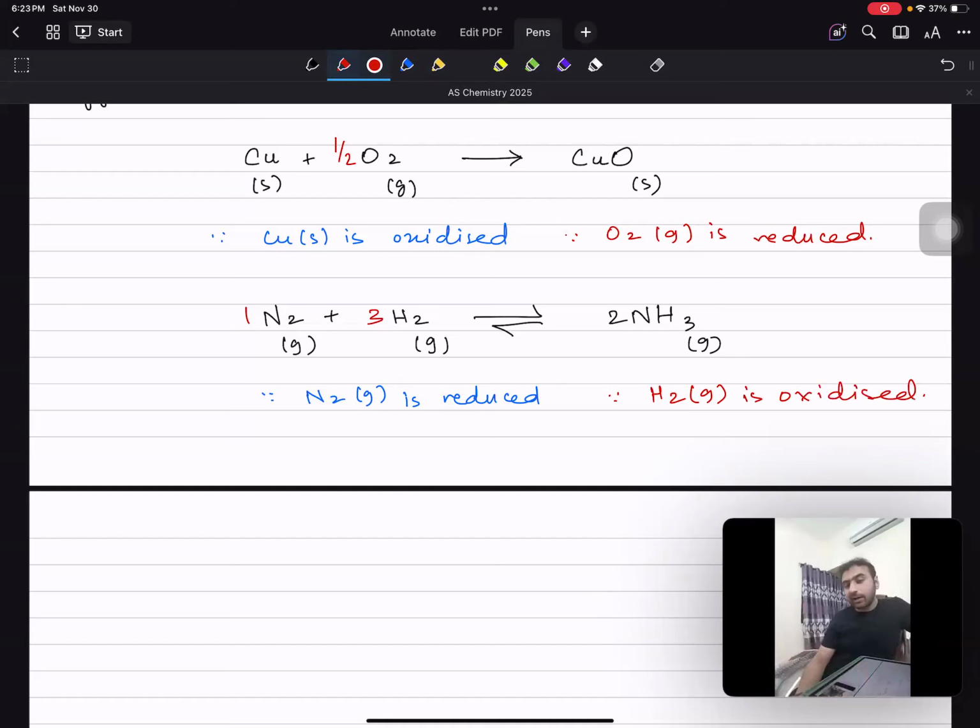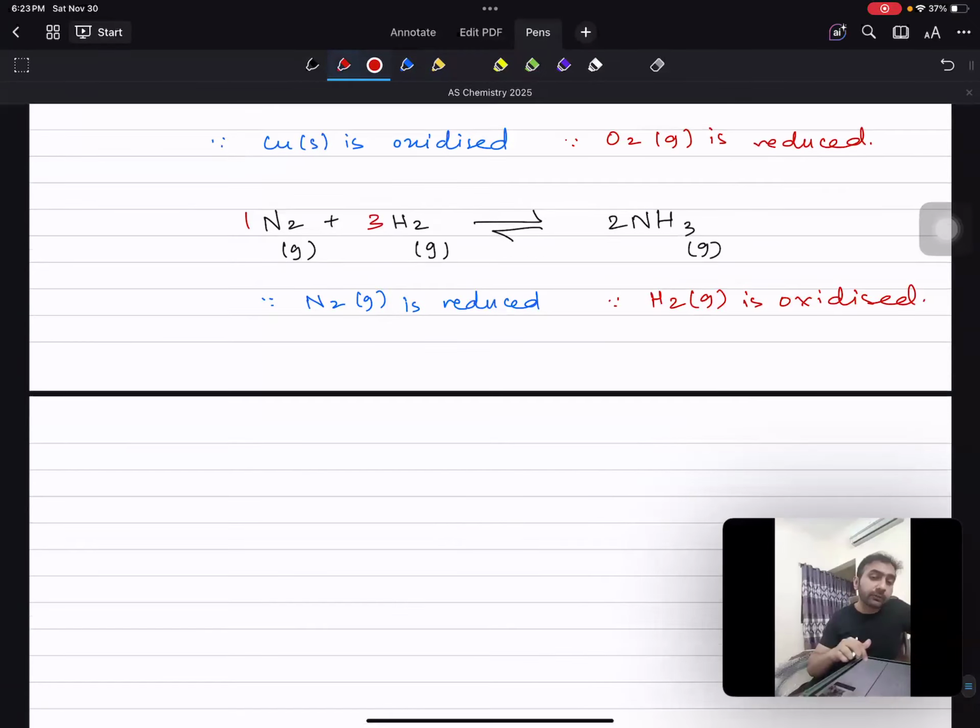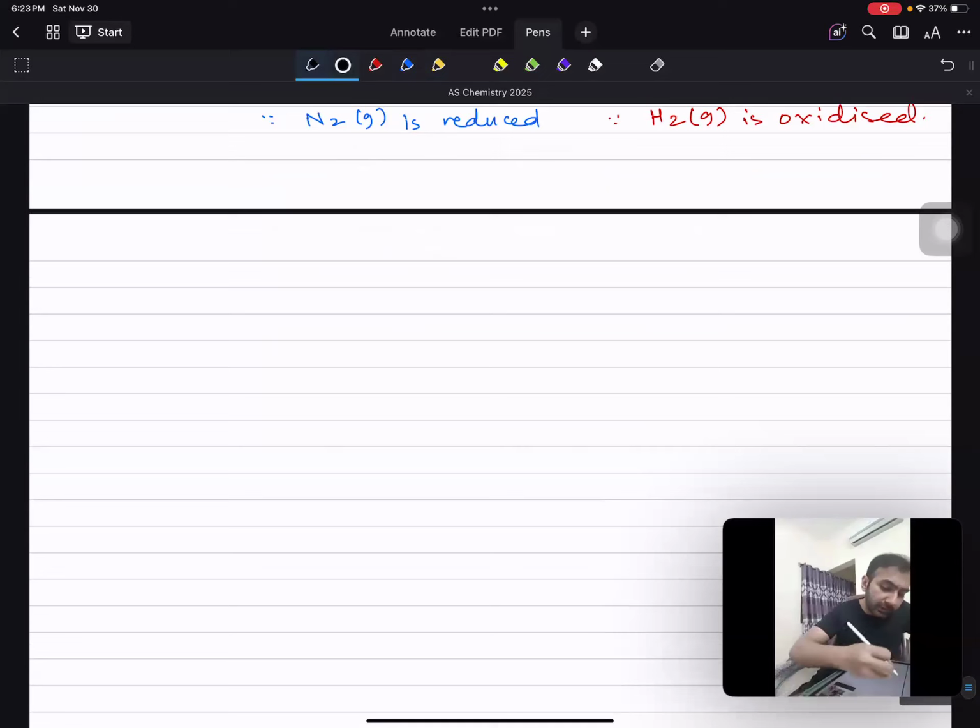But in A level, even in O level, we should be able to understand this whole idea in terms of oxidation numbers. So let's talk about oxidation numbers. What are these and how can we use them to understand redox even better?